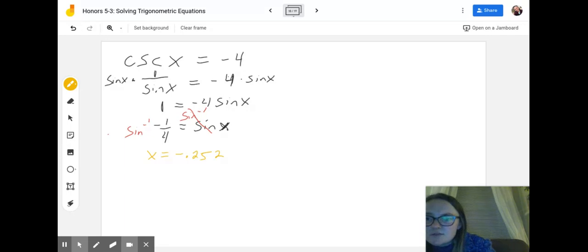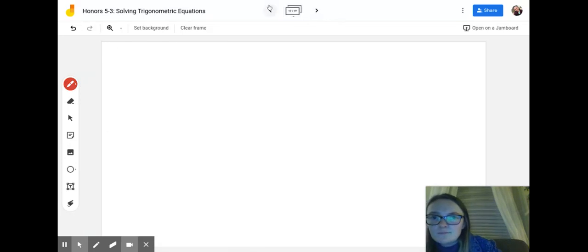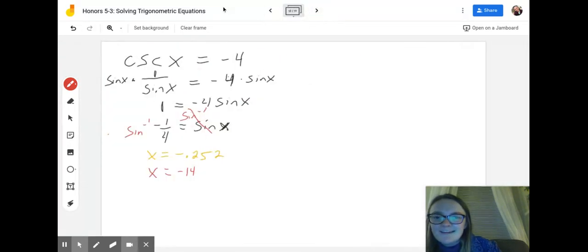Negative 14, so let's write this one in red. We'll say x is equal to negative 14.477 degrees.